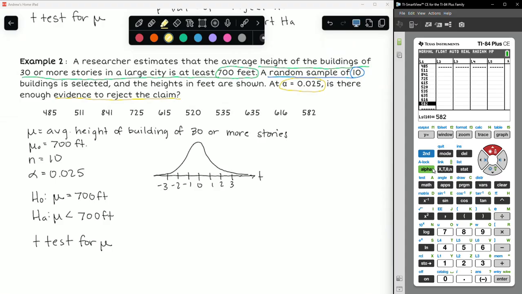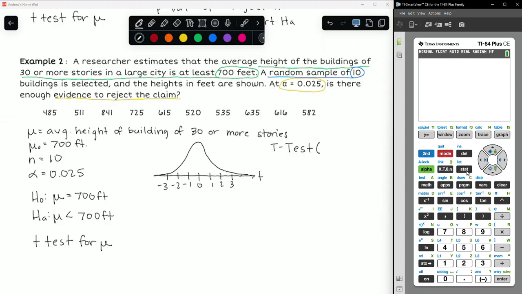And then I'm going to run my t-test command on the calculator to get my test statistic and my p-value. So let's go ahead and pull that command up. And when I highlight data instead of stats, it asks me a different set of questions. So it asks me for the claimed mean.